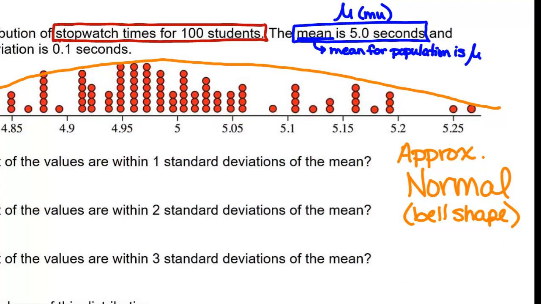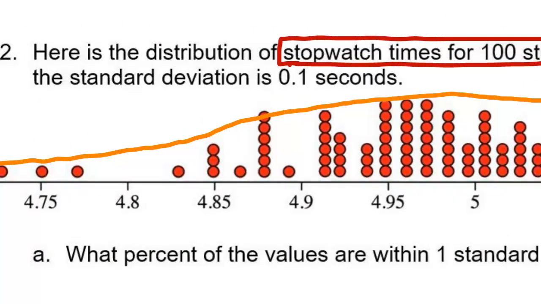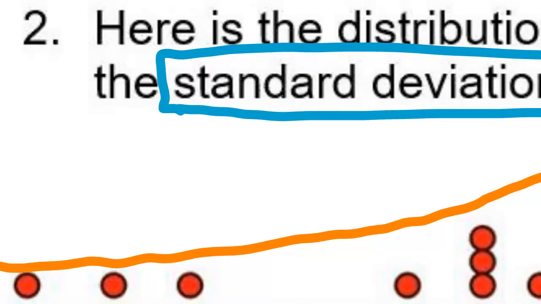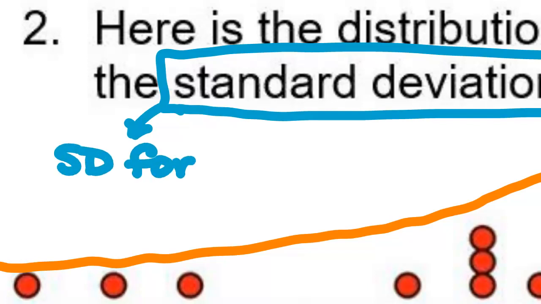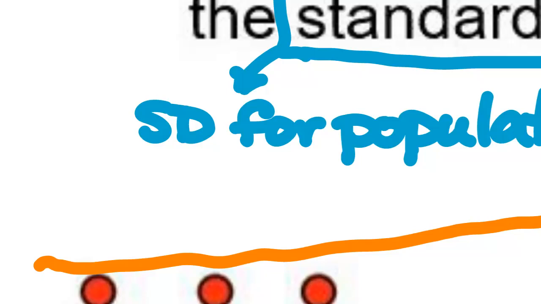And then we have our standard deviation. What's our standard deviation? 0.1. We say when this is the standard deviation for a population, the symbol that we use for that is a lowercase sigma.